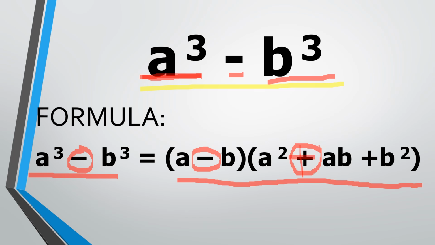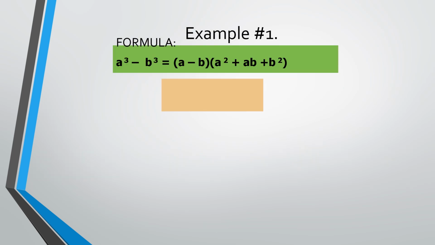Okay, now let me give you some examples. Now we have here the first one, 1 minus 64x cubed. As you can see, our first term is not written with a power of 3 here.